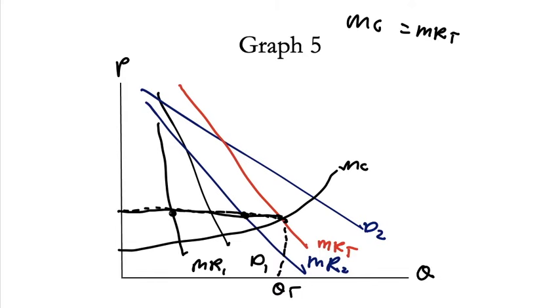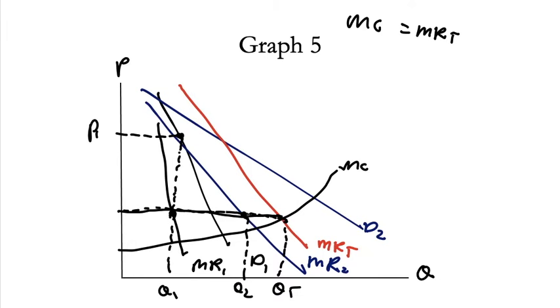How many quantity for the first group? Q1. What's the price? Should be on the demand 1, which is here. So P1. What's the quantity for group 2? On MR2, Q2.